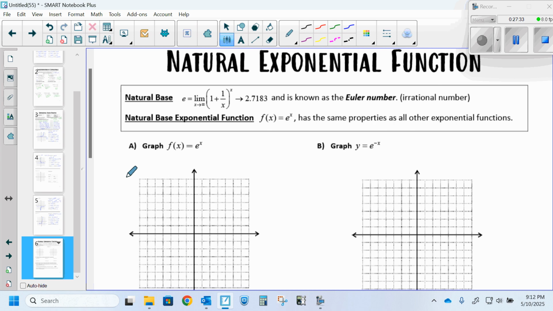But the natural base, you'll see this kind of italicized e. And it's used in finance a lot. It's used in statistics. This is known, I don't know if you saw this in honors geometry, as the Euler number. It's an irrational number like pi.